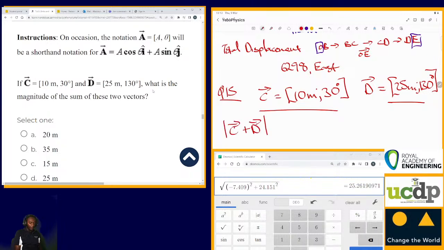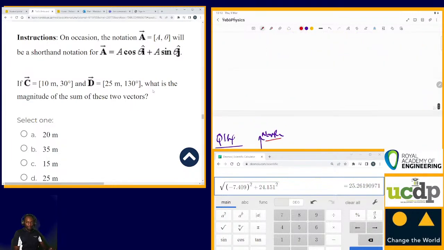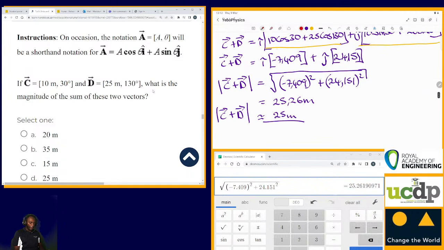And we had already worked this out, the magnitude of vector C and D. Actually, we don't need the magnitude, we need the sum, just the sum, so that we can find the direction, and we have it here.